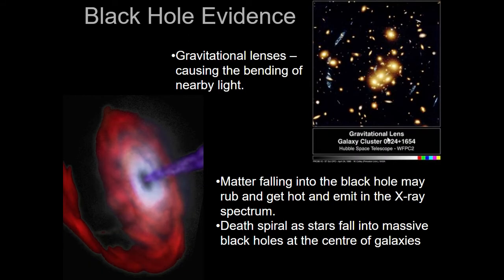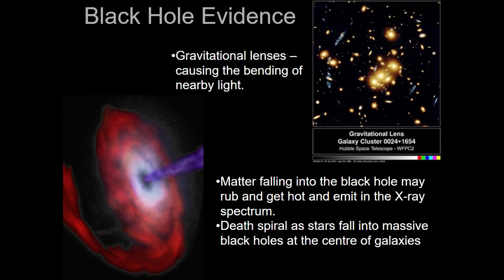Now, what's the evidence for these things? Well, there are a couple of things which we think indicate there's a black hole. I say that because clearly we can't directly observe a black hole, because no light is going to escape it, because the escape velocity is greater than the speed of light. But we have some indicators. One is gravitational lensing: we can see the bending of light of distant objects.